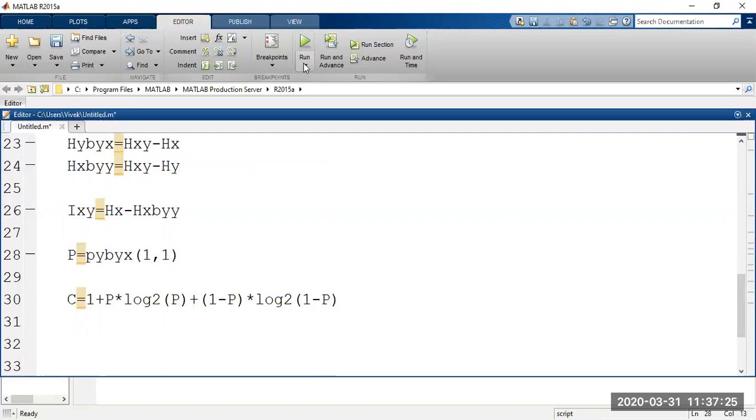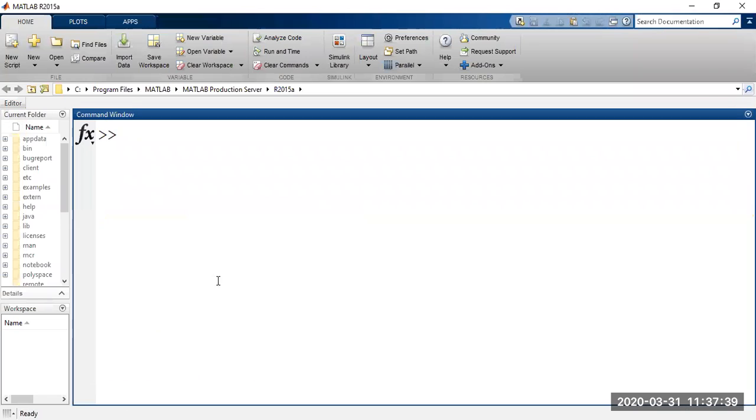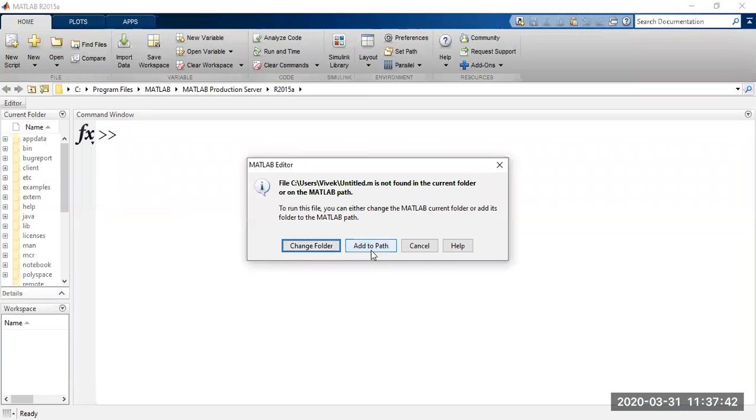We'll just run this program. I think we might have to join the session. Run this program. So add to path.